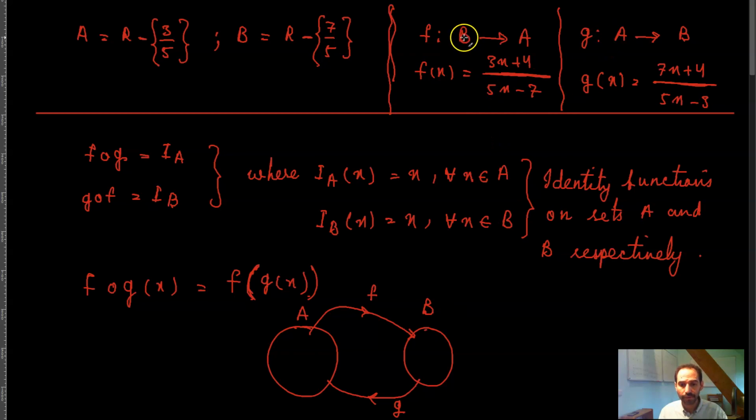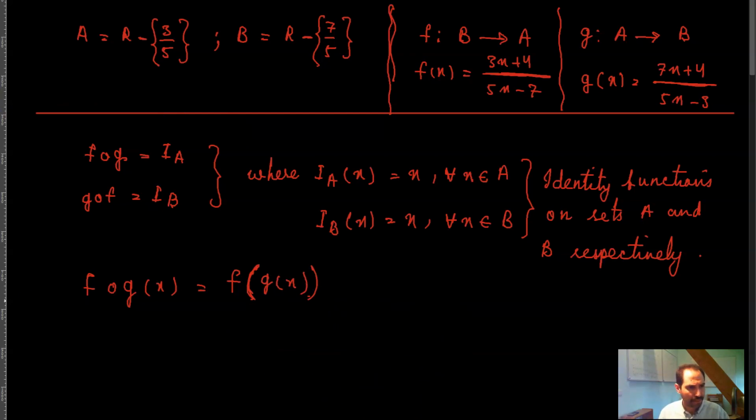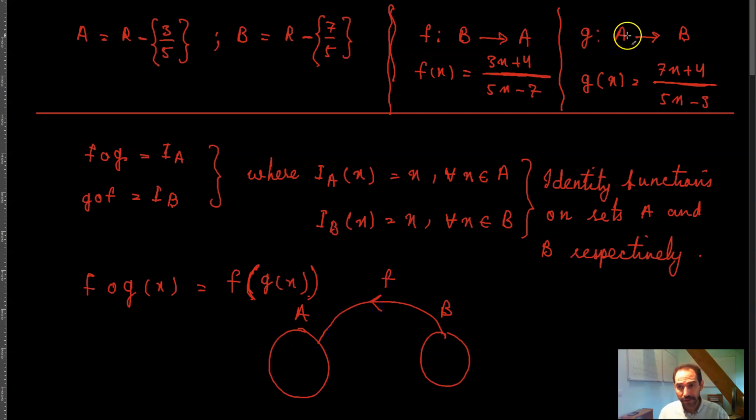I'm sorry, I made a mistake here. So let's say that you have set A over here and set B over here. We said that f goes from B to A, and g goes from A to B, right?